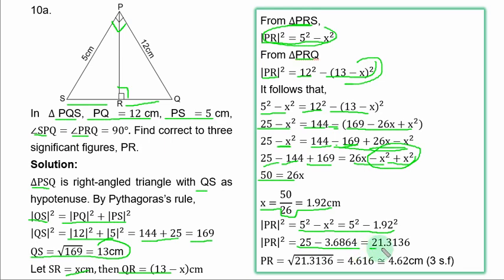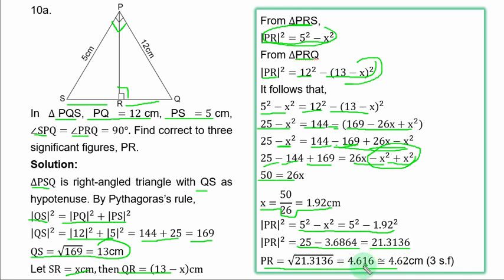If you subtract, you have 21.3136. To get PR, take the square root of both sides. So PR is equal to square root of 21.3136, that is 4.616. To 3SF, you have 4.62 centimeters.